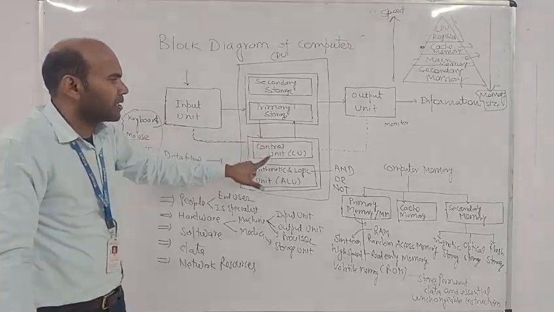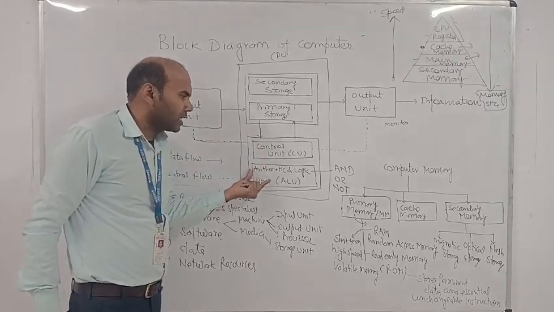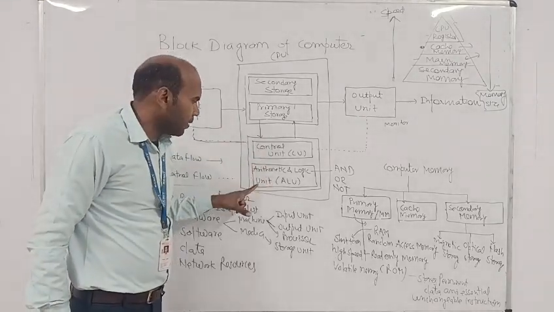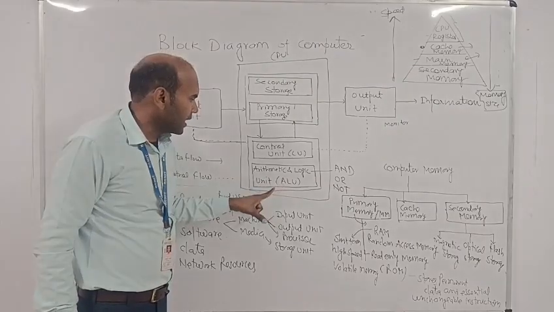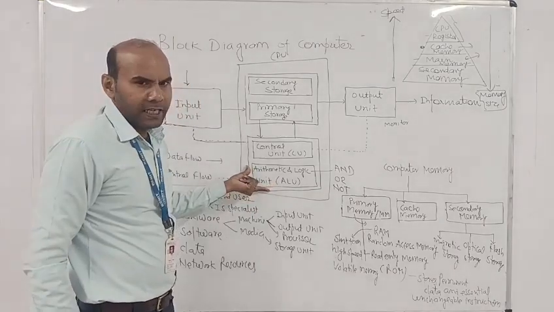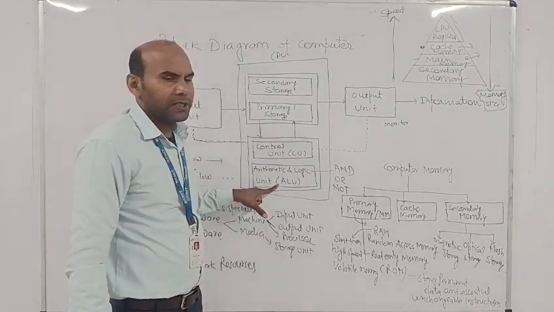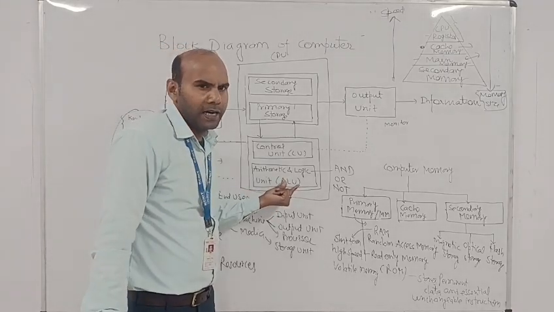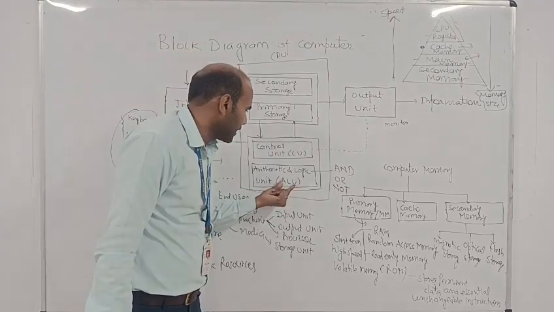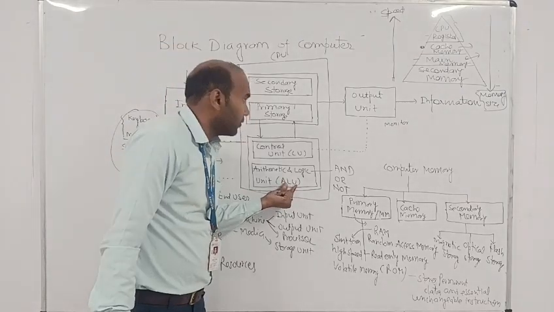And this is the arithmetic logic unit. This unit performs arithmetic and logical operations. The arithmetic unit involves addition, subtraction, multiplication, and division. The logical unit performs AND, OR, and NOT.